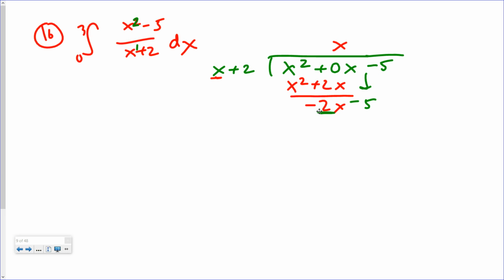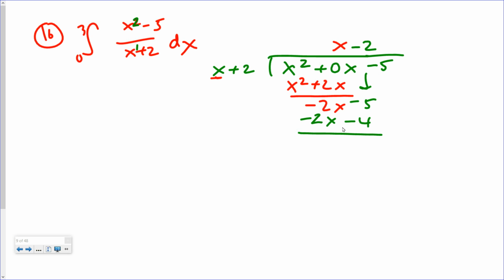X times what gives you negative 2x? Negative 2. Minus 2 times x plus 2, basically distribute, is going to be minus 2x minus 4. Okay? Negative 2x minus 2x is 0. The first term should always be 0 because you match them up.